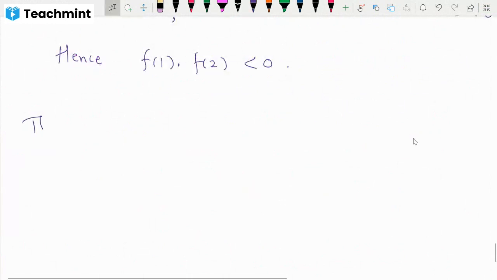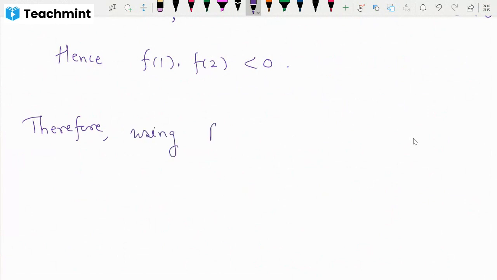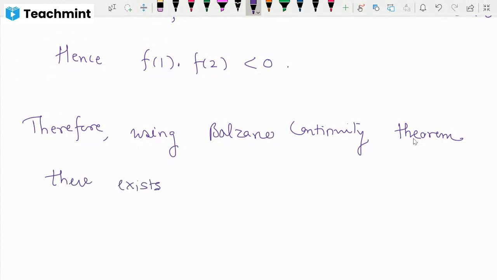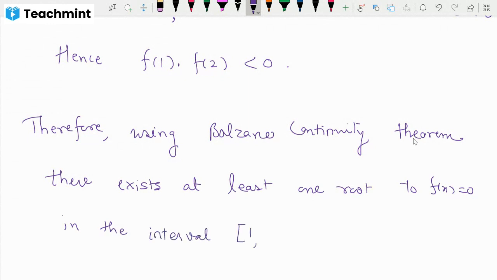So therefore, using the Bolzano continuity theorem, there exists at least one root to f(x) equal to 0 in the interval 1, 2.